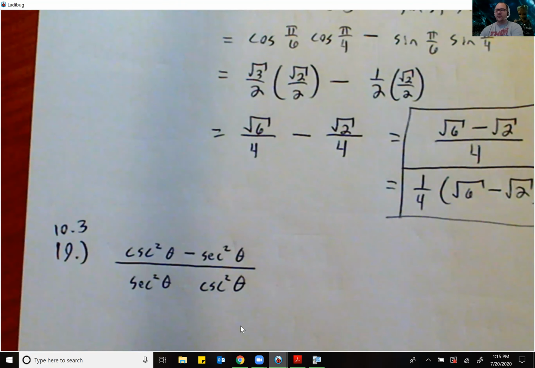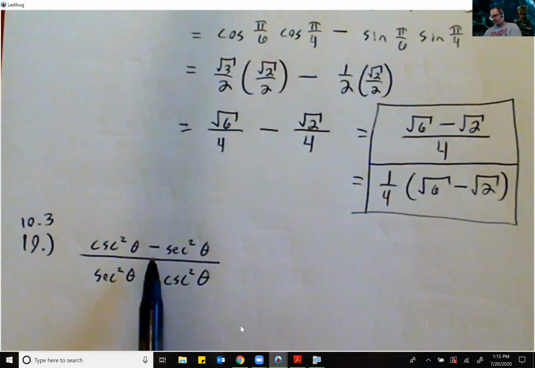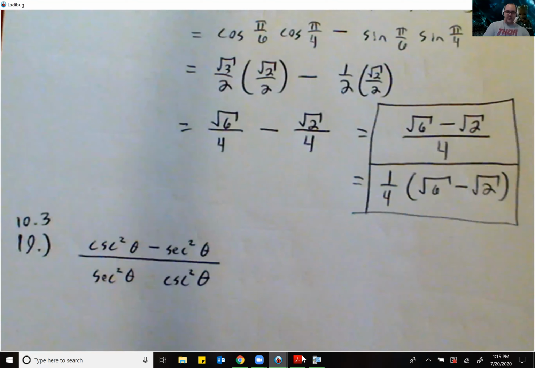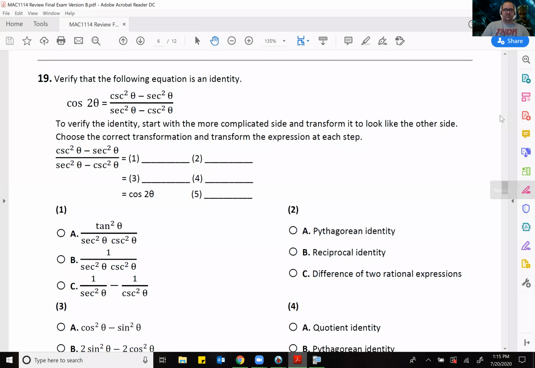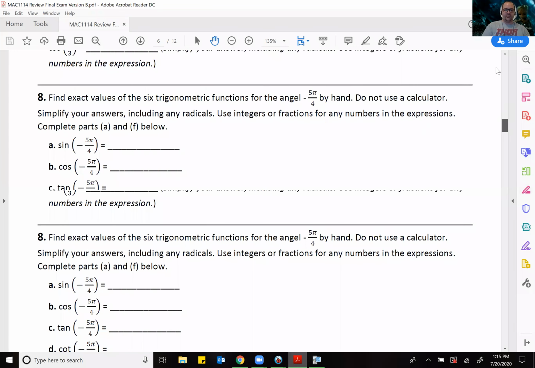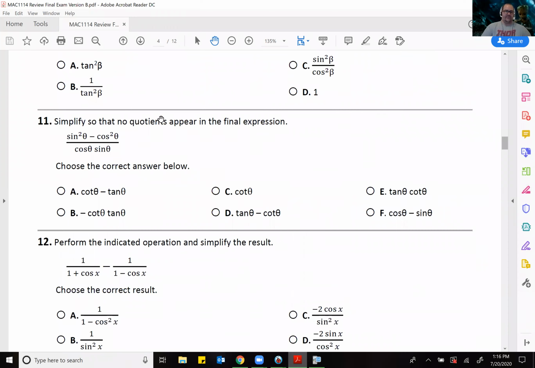Okay? So the first thing is, as I stated earlier on a problem, oh man, what problem was that? Problem number 11. This is a lot like problem number 11.